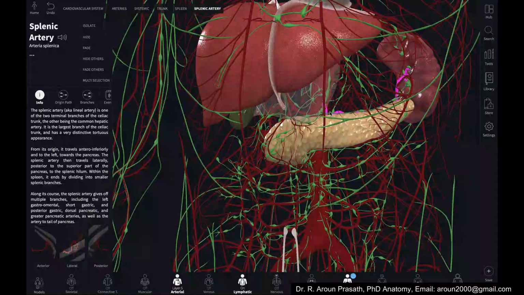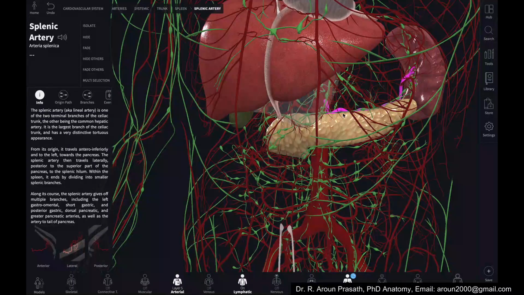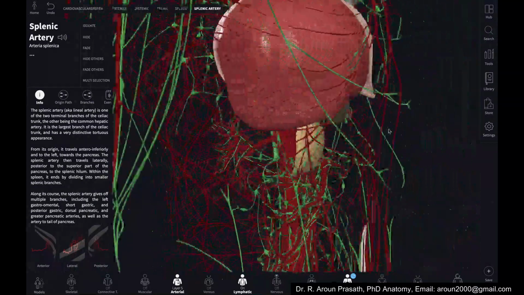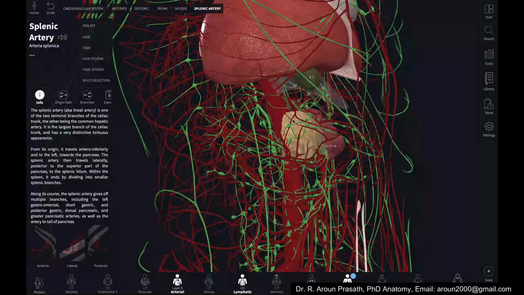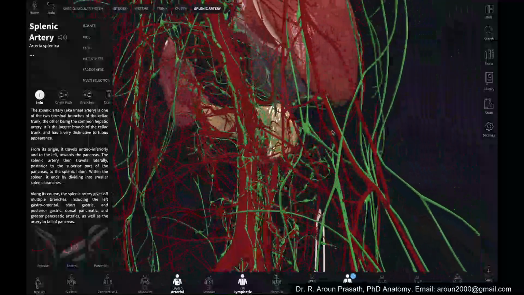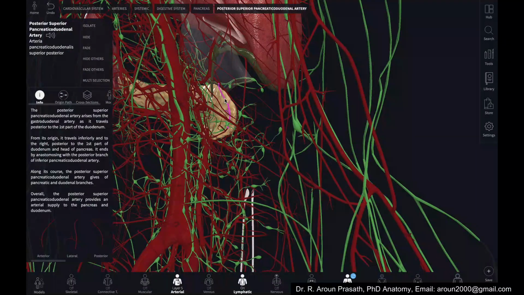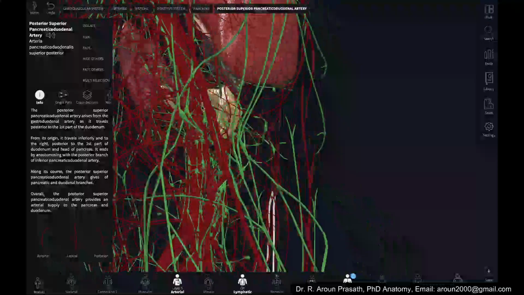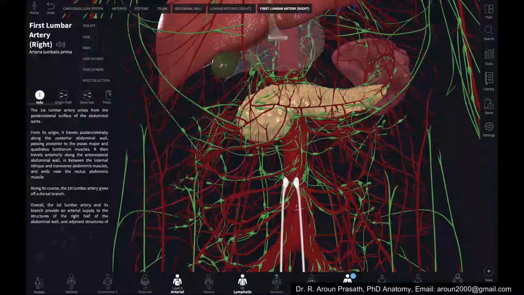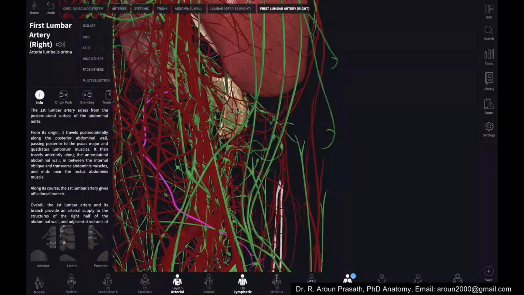It is a branch from the celiac artery, which we will see in the circulatory system. This artery gives many perforating branches for the pancreas and supplies blood to the pancreas. Then the head part is supplied by the superior pancreaticoduodenal artery. This is the posterior pancreaticoduodenal artery that is supplying the head region of the pancreas.